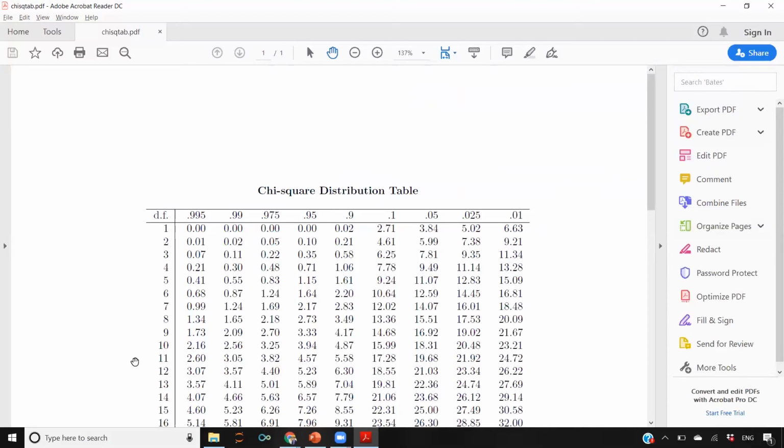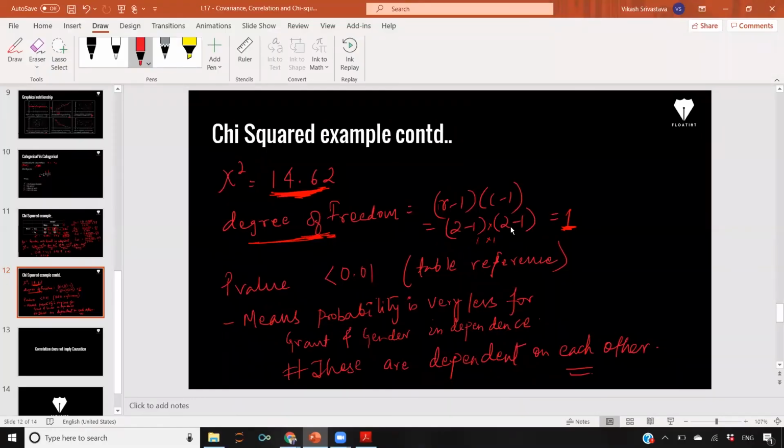That p-value will be smaller than 0.01, because as the chi-square value grows, our probability comes down. Our value is 14 and the last value here is 6.63, so the probability is less than 0.01.